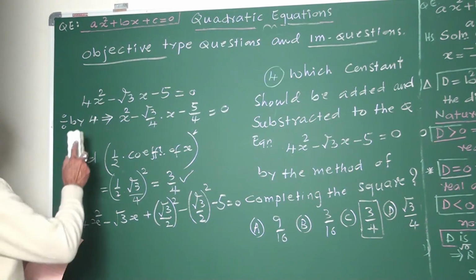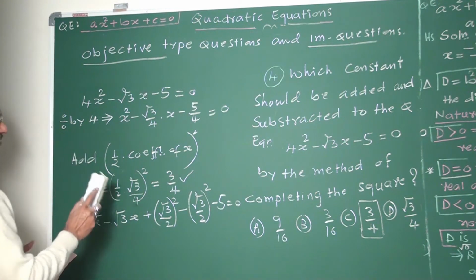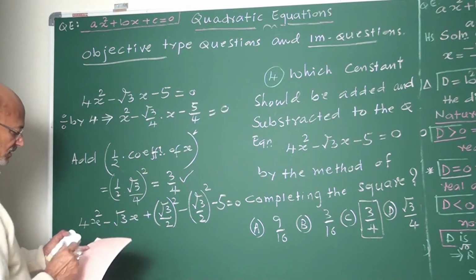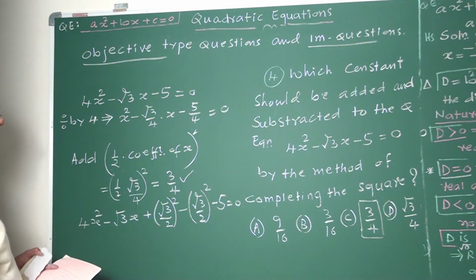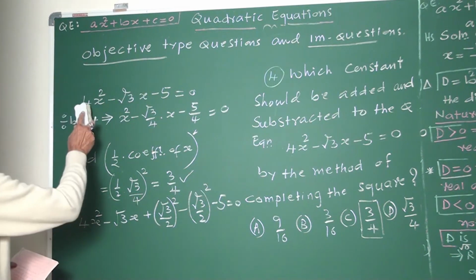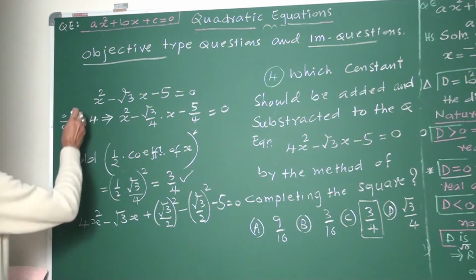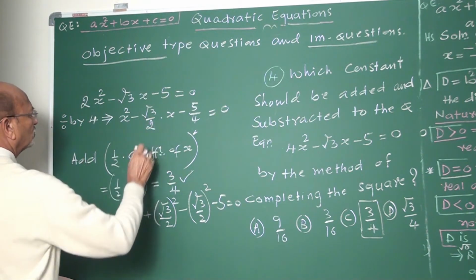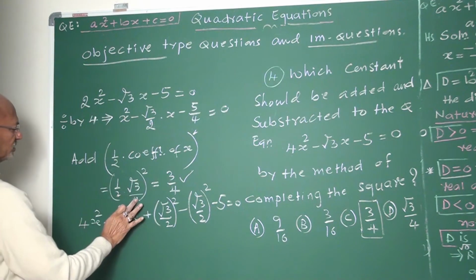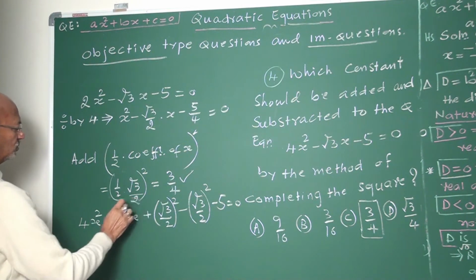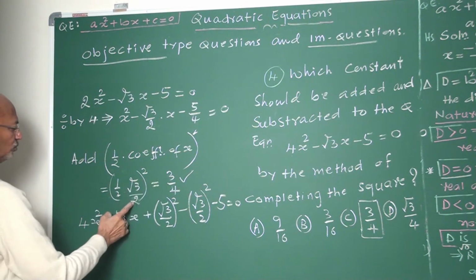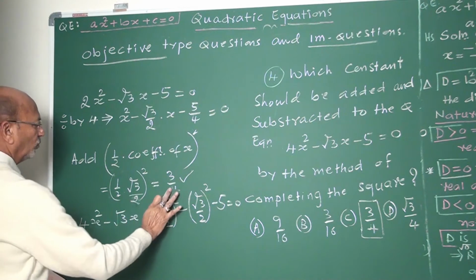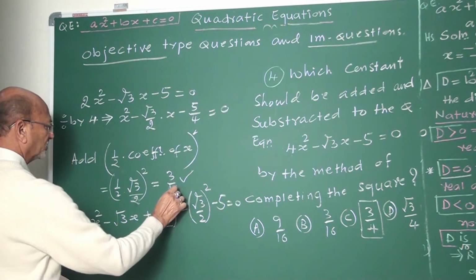Yes, my friend. I will do one correction. Otherwise, I have to make this 2. Then it is root 3 by 2, and 2 into 2 is 4, whole square must be 16.